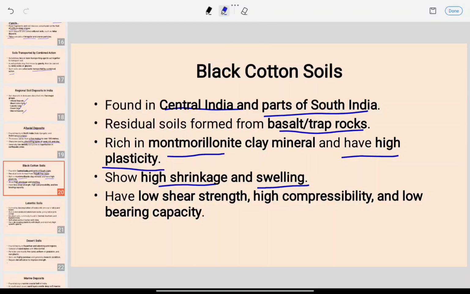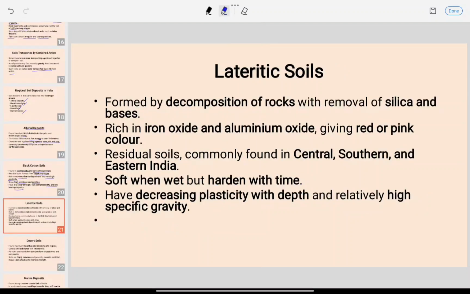From an engineering point of view, black cotton soils generally have low shear strength, high compressibility and low bearing capacity, which can create problems for foundation design. So black cotton soil is an important expansive soil that requires special attention in engineering constructions.